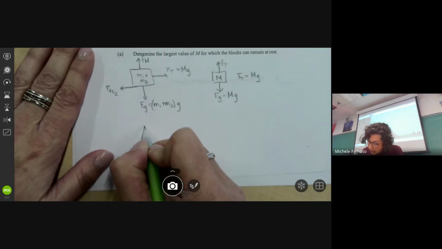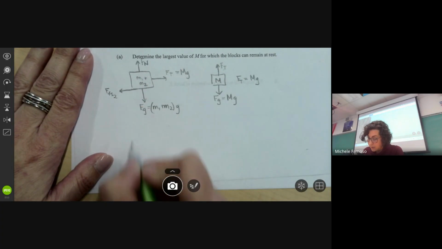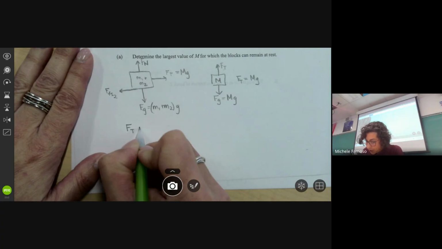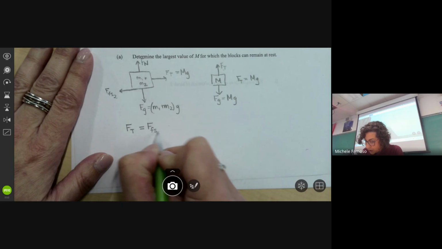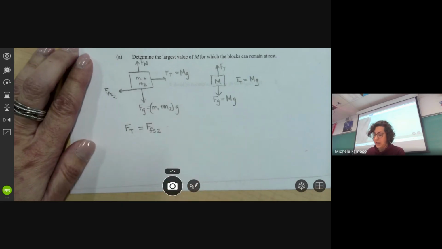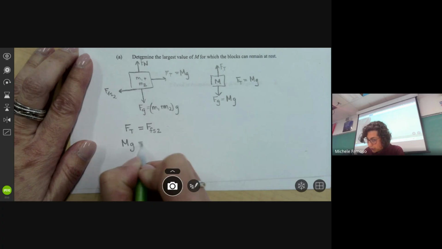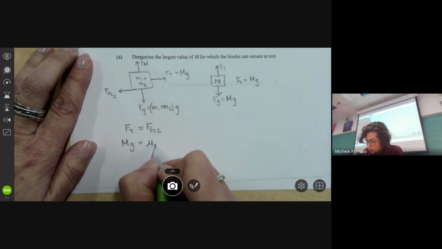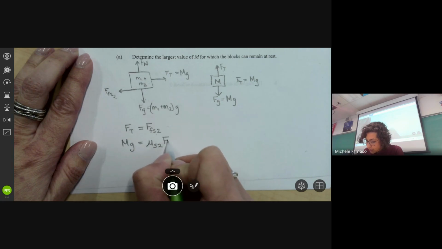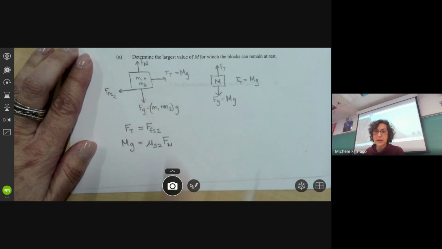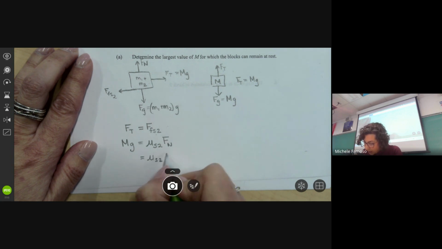So this is at rest, which means that the tension force is balancing the force of static friction with the table, mg. This is mu S2 times the Fn acting on that bottom block. What is that normal force on the bottom block?